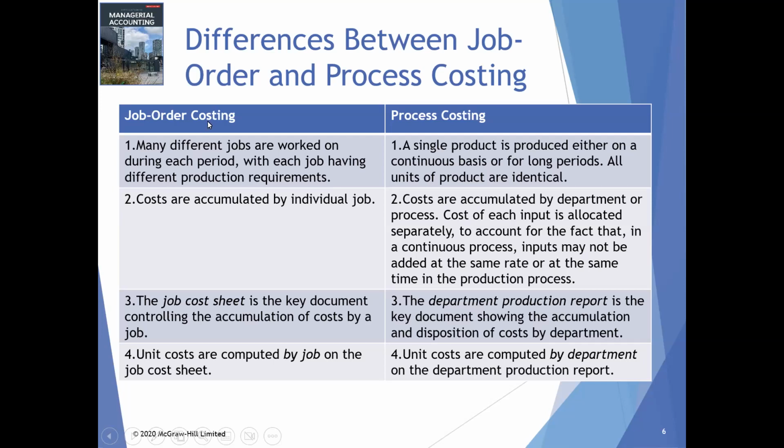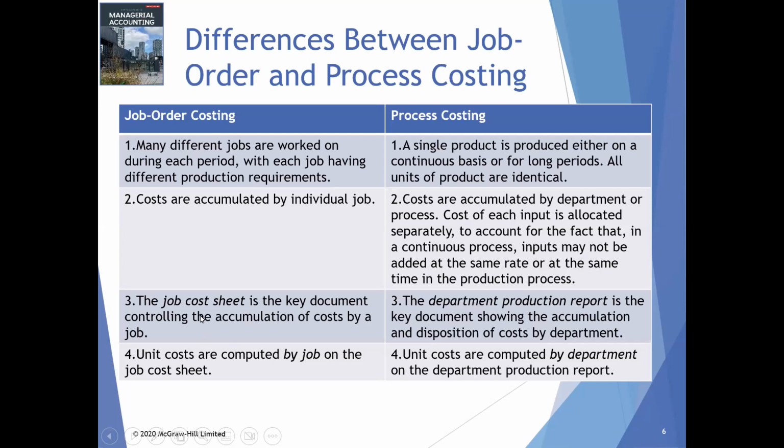In job order costing, costs are accumulated by individual job. Here, the costs are accumulated by the department or process. The cost of each input is allocated separately to account for the fact that in a continuous process, inputs may not be added at the same rate or at the same time in the production process.